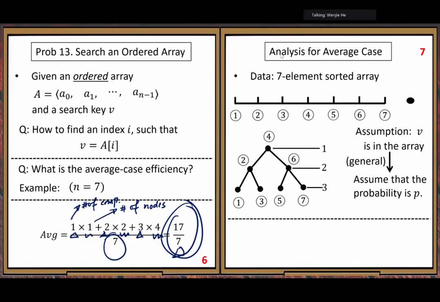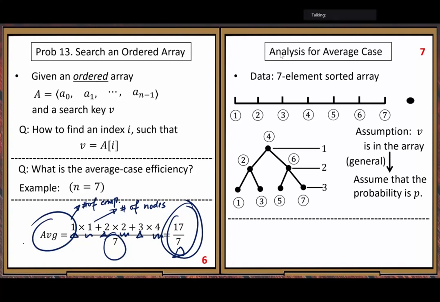But here the question is the average number of comparisons. When you take average of certain number of integers, in general, you will not get an integer answer. So it is reasonable your average number is a non-integer number. No problem. Do not round it up, not round it down.